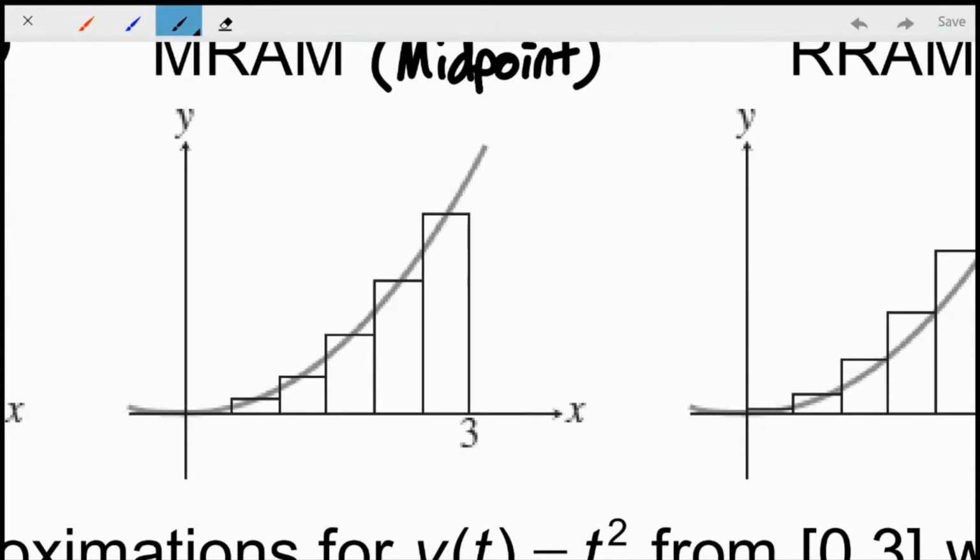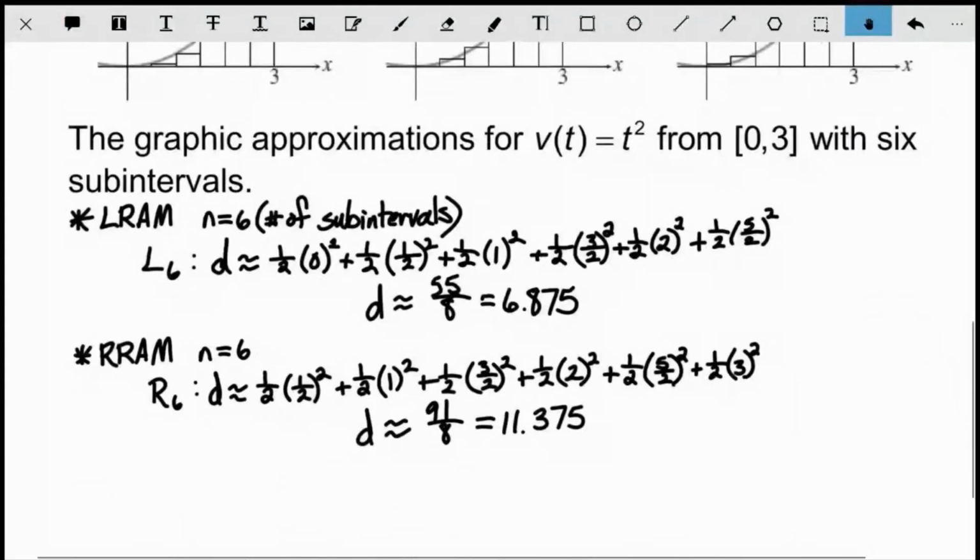So you can see on this, it looks a lot more accurate because, for example, here I've got missing area, but I also have extra area. Missing area, extra area, missing area, extra area, and so on. So a lot of this is going to sort of balance out, and this is going to give me a pretty close approximation for the actual area underneath the curve.